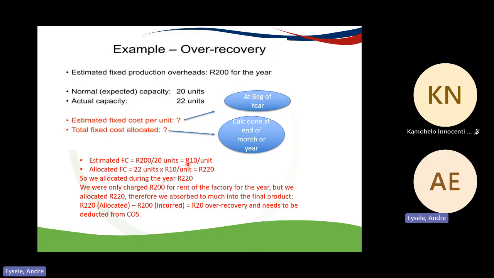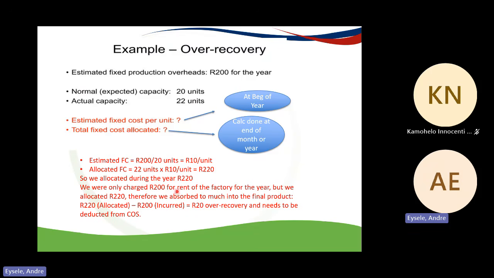Remember the allocation rate: we went through the year allocating based on 20 units. So we allocated during the year 220 Rand.